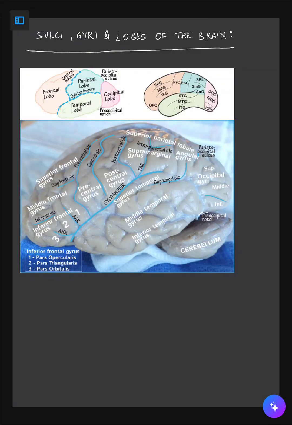Now next is the sulci, gyri and lobes of the brain. The cerebrum folds into gyri, which are separated from each other by sulci. This is to increase the surface area.